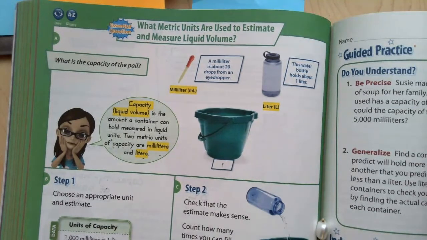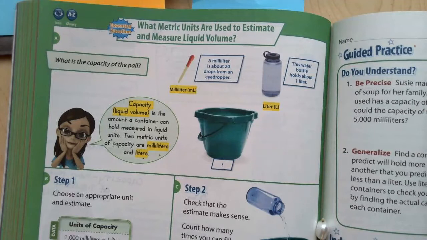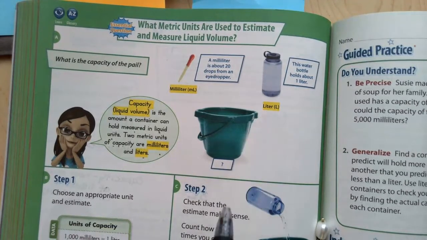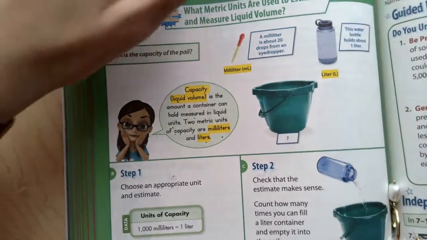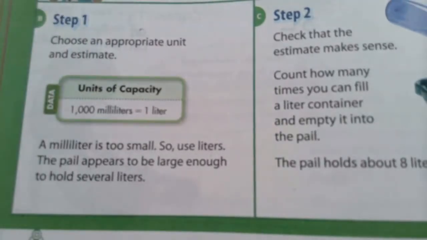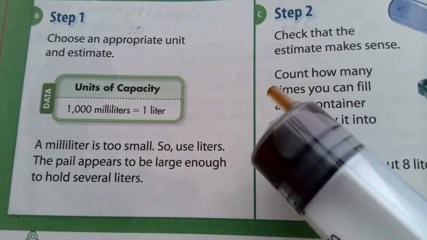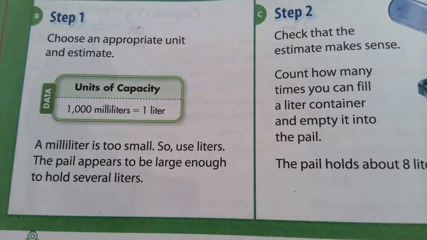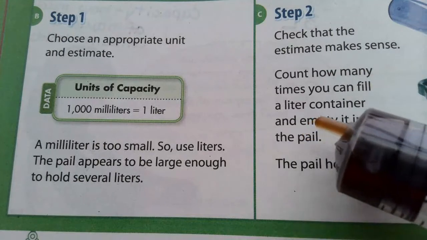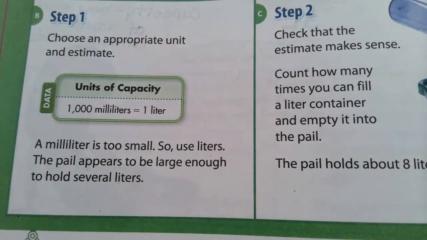Would you use those tiny drops? Or would you use that bottle? Well, this is pretty large, so I would use liters to help estimate. Down here, it tells us how many little milliliters are inside a big bottle. There are 1,000 milliliters in 1 liter.